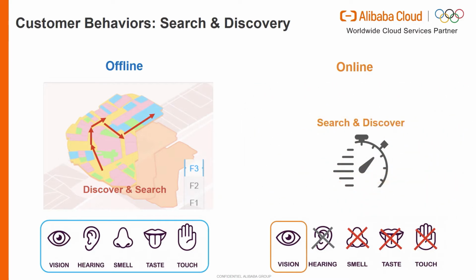If we cannot offer them relevant information for search and discover experience, what they are going to do is try to open a new web page and go to a new store and close the web page of your web store. So what we can learn from this part is that we should pay attention to visual search experience and visual discover experience for our customer.